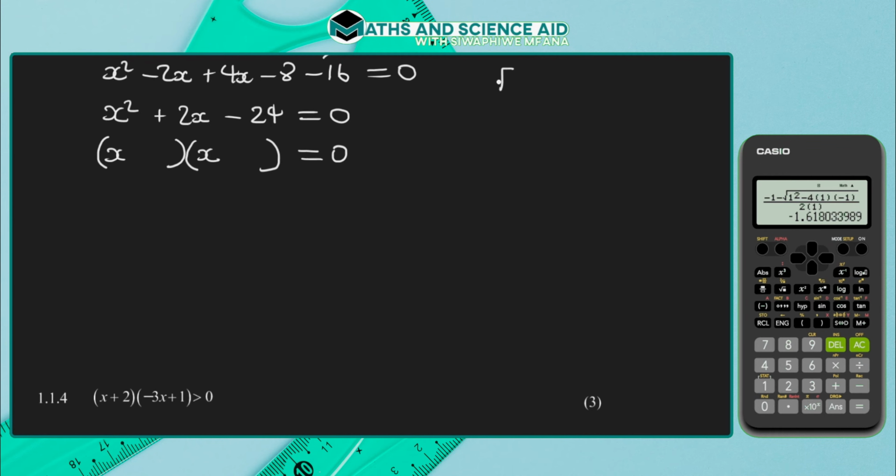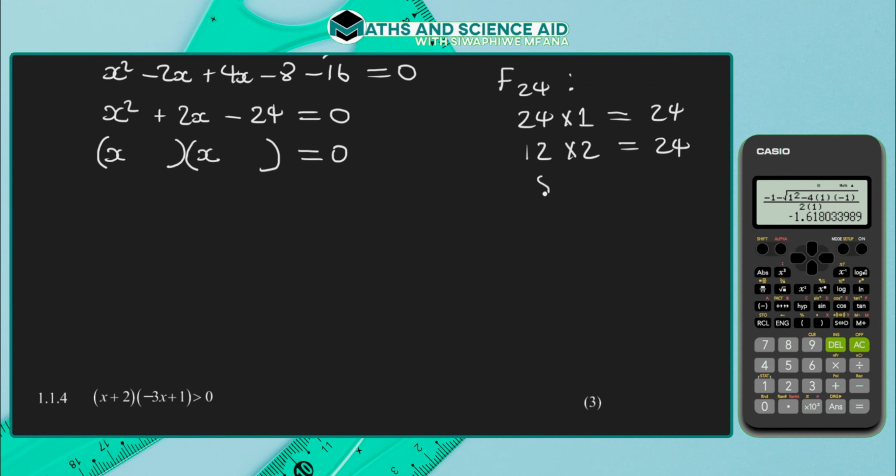So we can start by listing down all the factors of 24 that you can think of. We can actually start with 24 and 1, because 24 multiplied by 1 is equal to 24. And then we can also do 12 multiplied by 2, because that can give us 24.